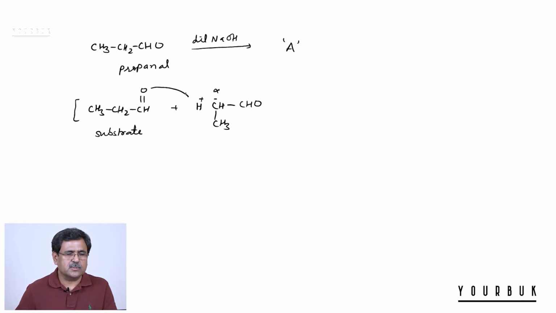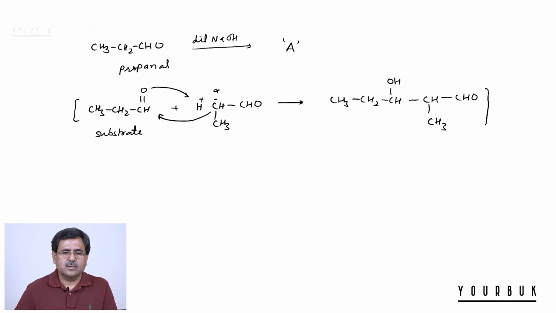Nucleophilic addition takes place. H adds to oxygen, carbon adds to carbonyl carbon. And make sure your product is a beta hydroxy aldehyde or ketone. Only then the product is called aldol, otherwise not. This is alpha carbon, this is beta carbon. So my product is beta hydroxy aldehyde, so this is called A, and write this A as your final product.